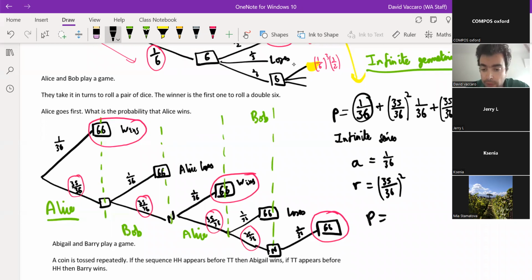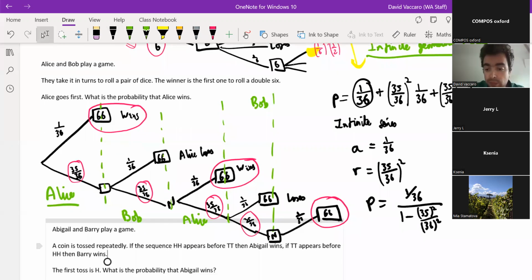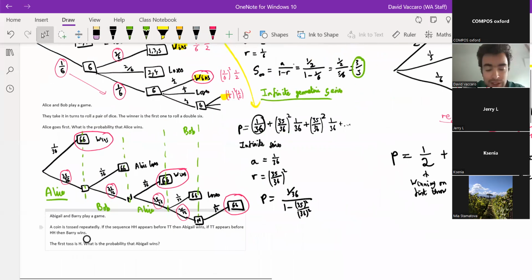So the value of the probability is the first term, 1/36, over 1 minus r, which is 1 minus 35 squared over 36 squared. And it's far too late in the day to evaluate that without a calculator.